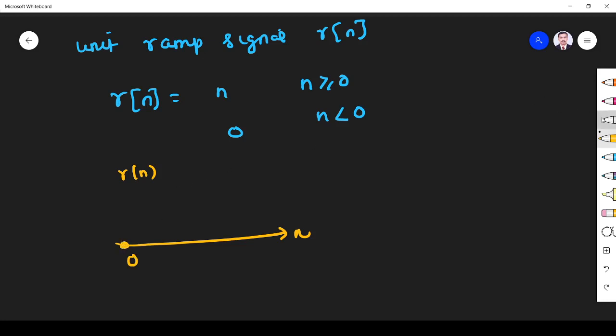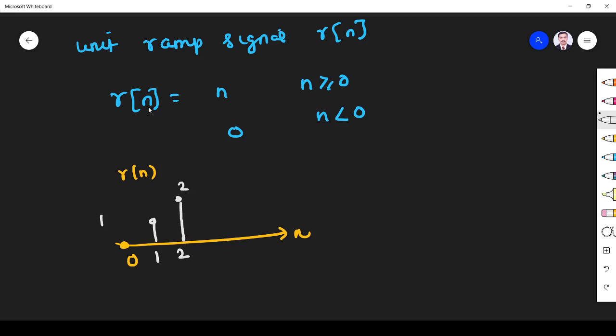When you substitute n is equal to 1, r of 1 is 1. When n is equal to 2, r of 2 is equal to 2, because wherever you find n, substitute 2.